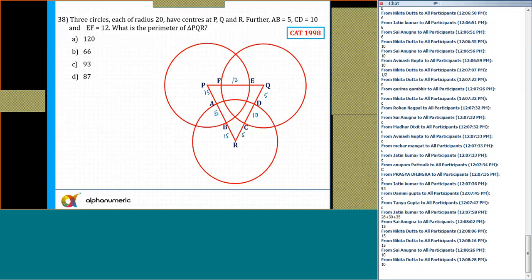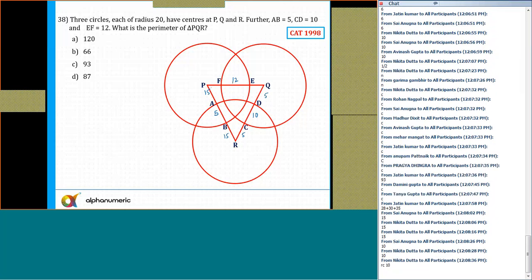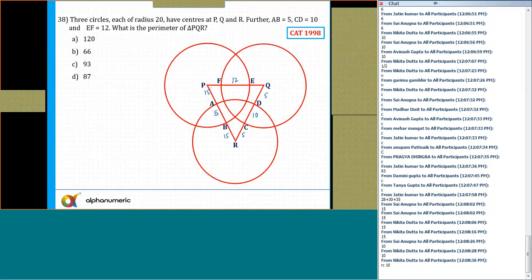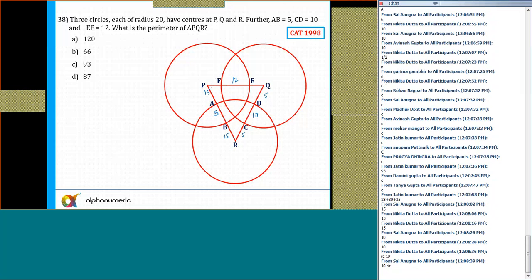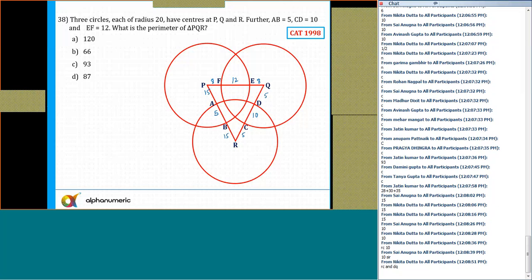And FE is equal to 12. So P to E, E is on the circle, so the radius is 20. So PF is 8. And similarly, QE is equal to 8. So what is the perimeter? Now we can add all of them. Yes, sorry. RC is equal to 10 and DQ is also equal to 10.